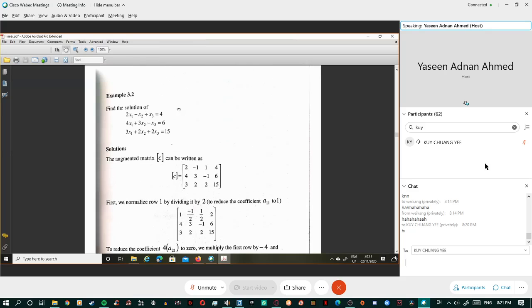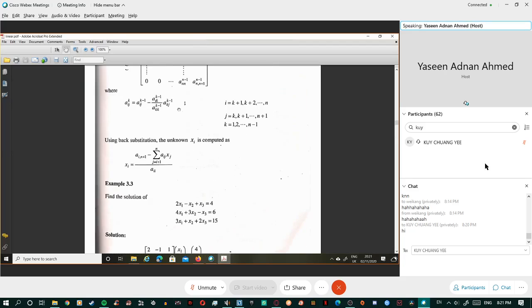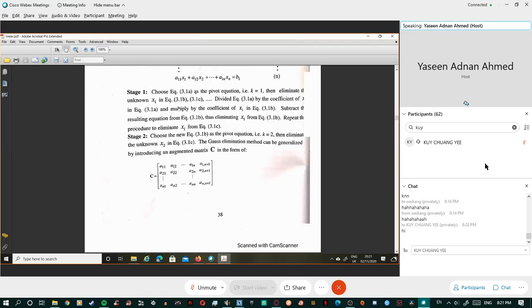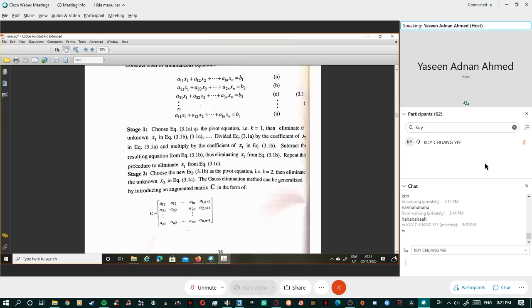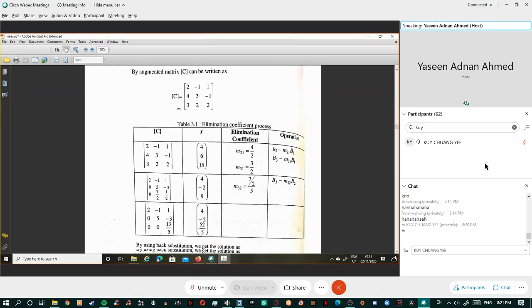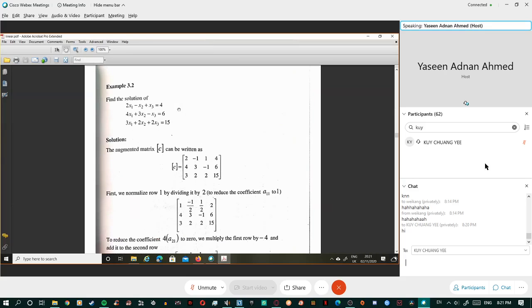Gauss elimination is easy. If you just watch the video, then you will understand. But in case of Gauss-Jordan elimination, we have more things to do. So we try to solve the problem in this way.